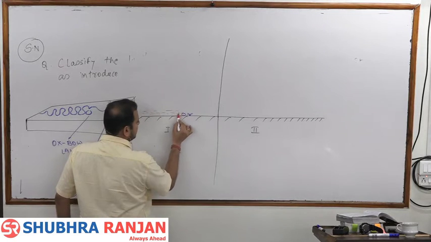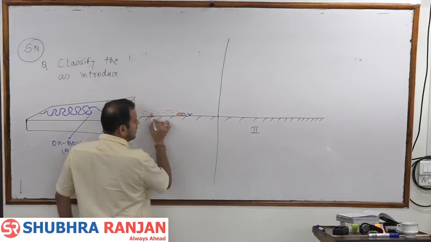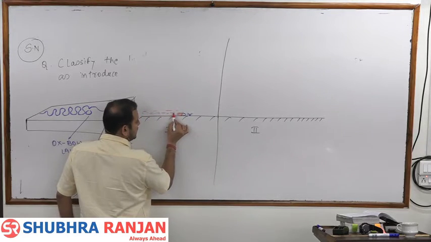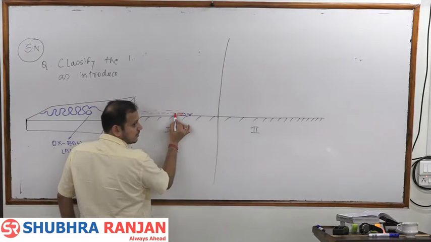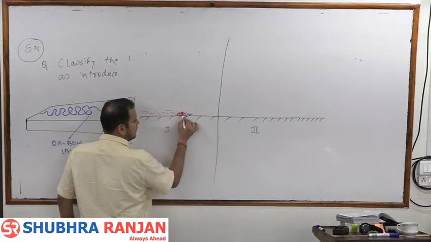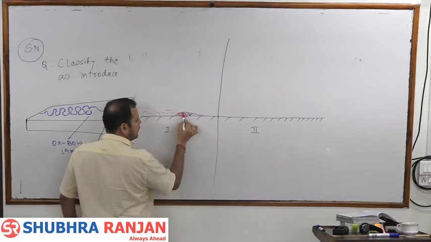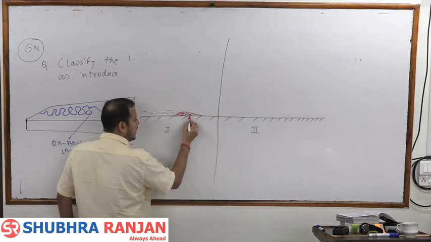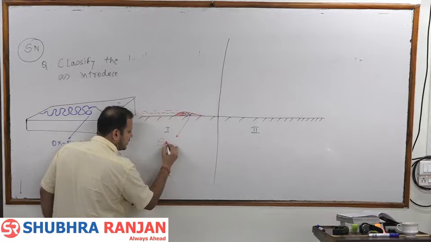As the speed decreases, it will start depositing. Next time when the wind is flowing, because it has deposited, there is friction, and again the speed of the wind will decrease and it will deposit again. Over the period of time, the deposition will increase and a huge hill of sand will be formed in this region, and you will call such things sand dunes.